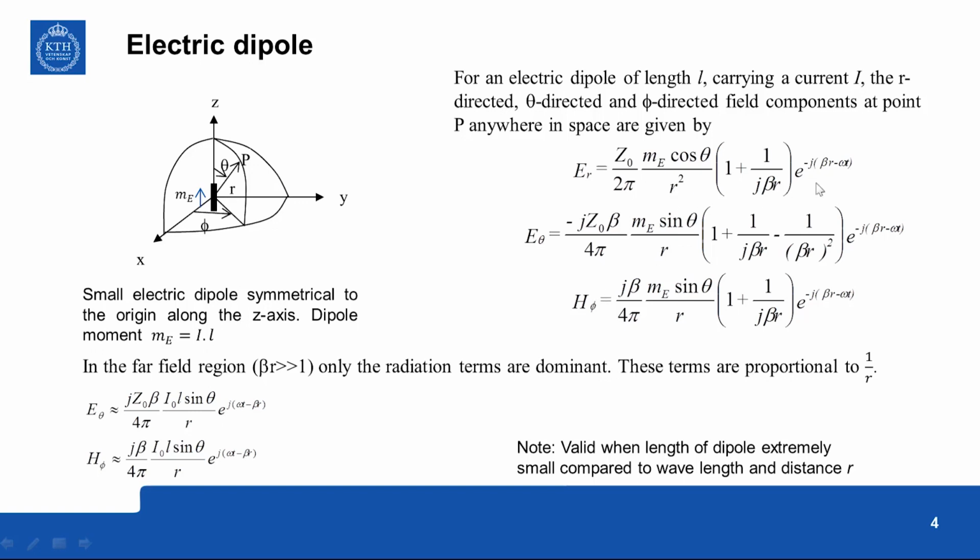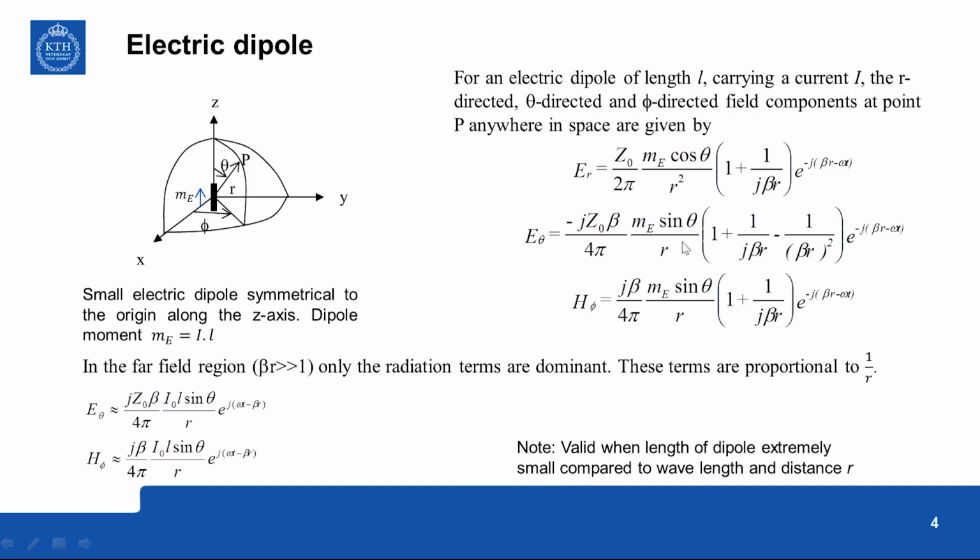Now very far away from the dipole, 1 over r cubed terms and 1 over r squared terms fall off very fast, and basically the terms that are significant in value are 1 over r terms. So where are the 1 over r terms? In this you don't have, because this is either 1 over r squared or 1 over r cubed.